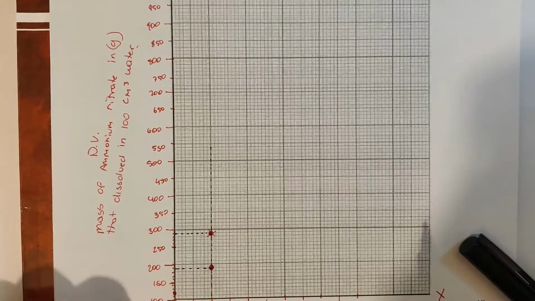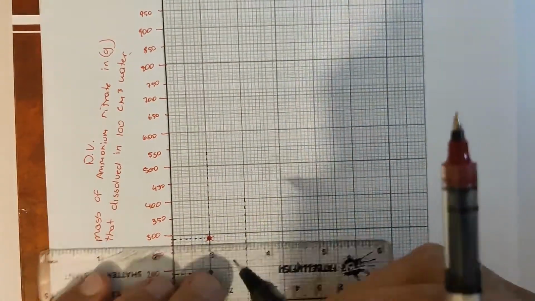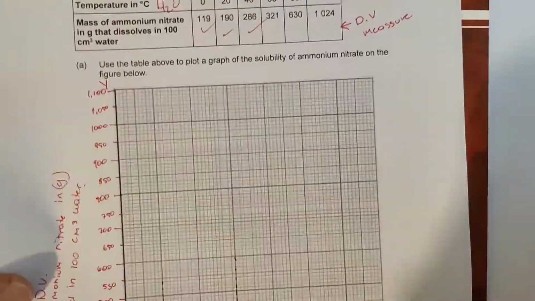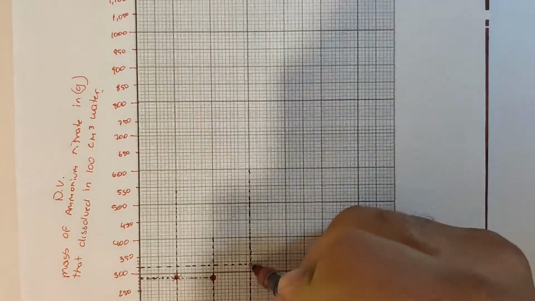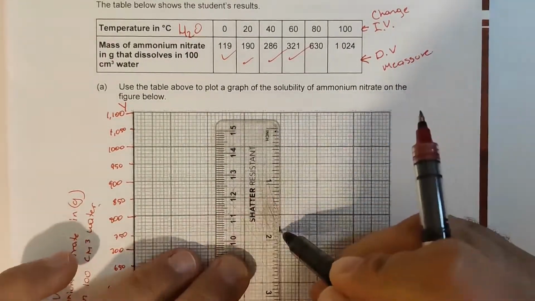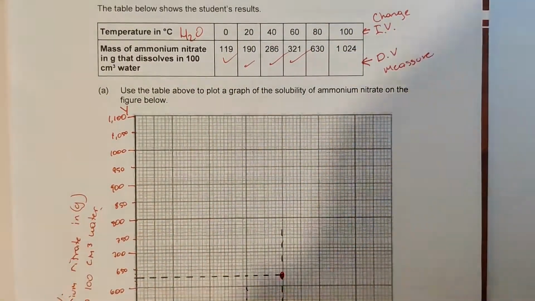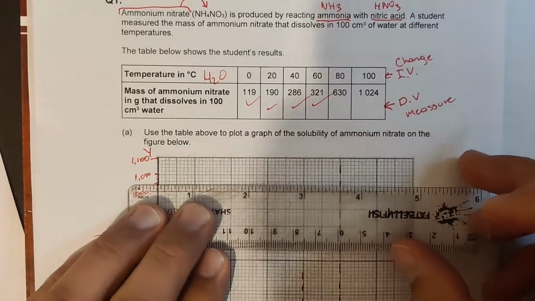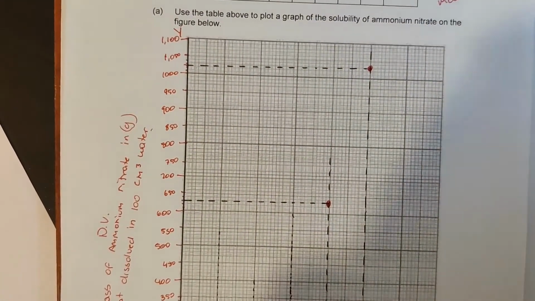The next marking that we're looking at is 286. And there we go, and that is your points properly located in your graph.